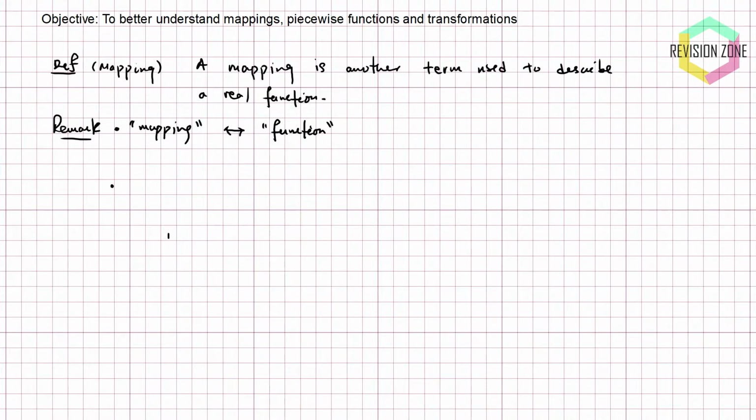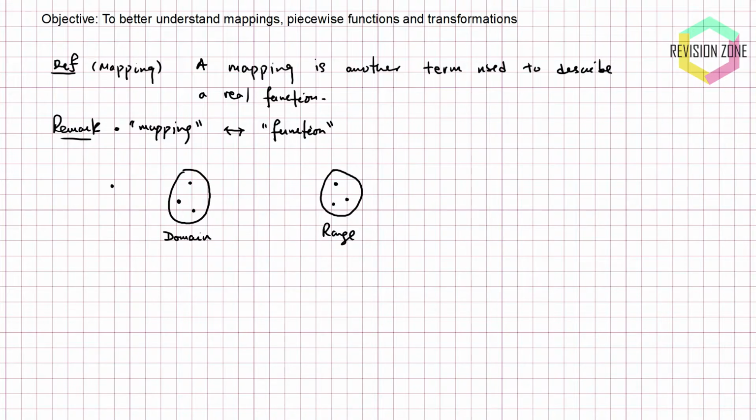A function starts with some sort of domain, and it's a set. Using ideas about Venn diagrams, we can represent sets like this. And then it gives us some range, and again, it's a set, so we can express it like so. We have things in our domain, and then we have things in our range.